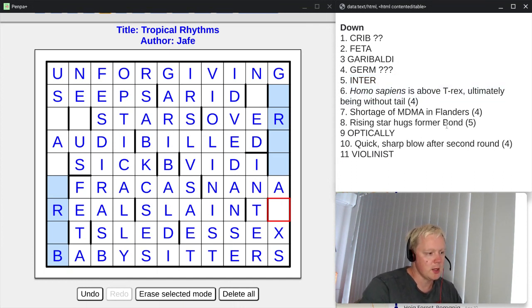So Homo sapiens is above T-Rex, ultimately being without tail. So the tail letter of a word can be the last letter. It's not in this case, but it can be. Ultimately, like finally that we had before, T-Rex ultimately is X, the last letter of the word T-Rex.